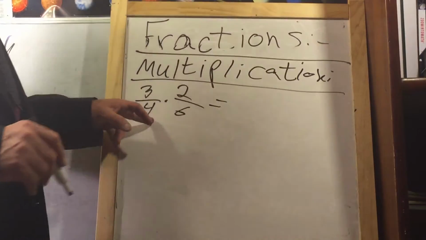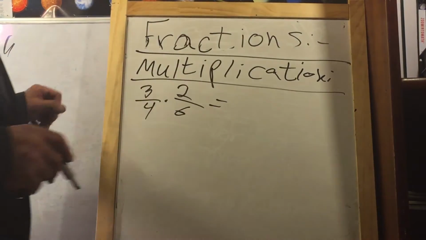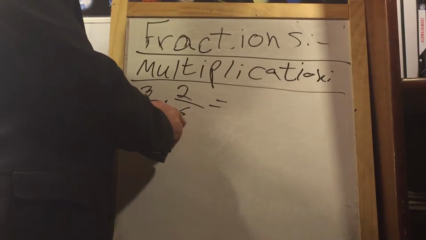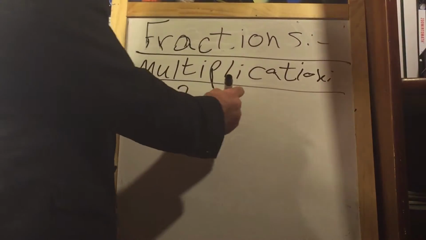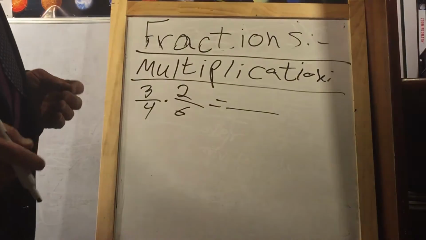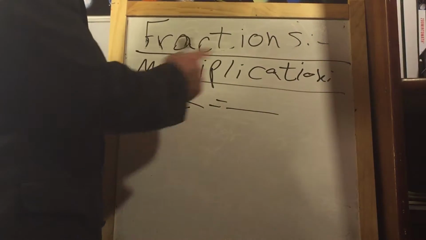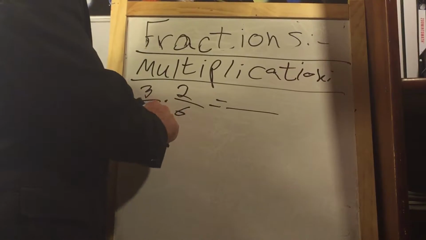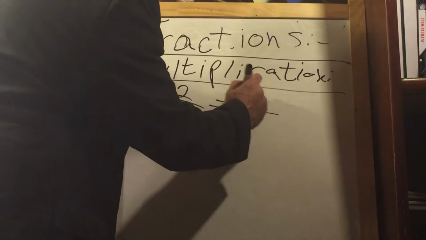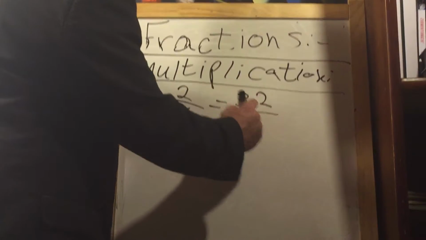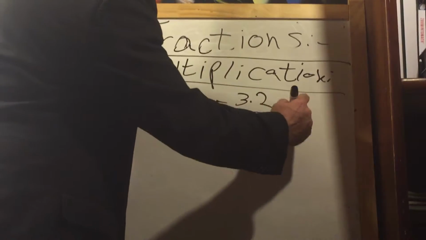Now remember, in multiplication, it doesn't matter whether the denominators are the same or not. How do we do this? Very easy. You multiply 3 times 2 over 4 times 6. So 3 times 2 over 4 times 6. That's it.